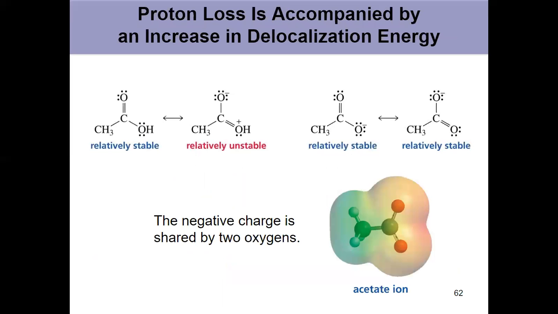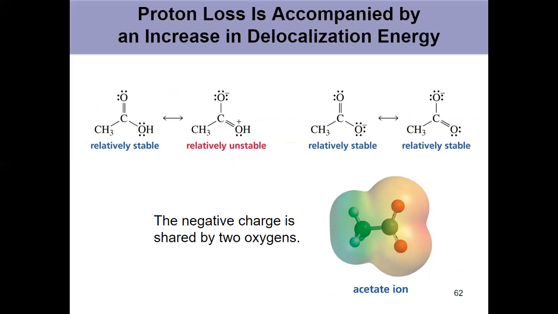Two stable resonance contributors for carboxylate is more stable than just one for a carboxylic acid, which we've already talked about in previous videos. Delocalization energy makes that carboxylic acid want to be acidic.